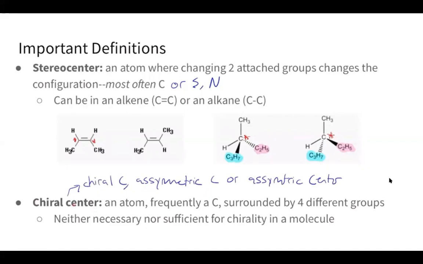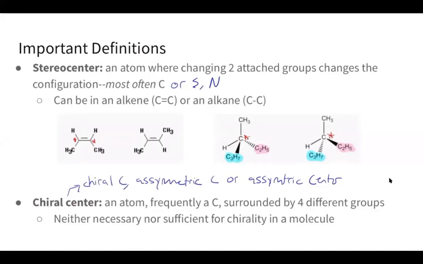All four of these are the same thing, except for, of course, the chiral carbon and the asymmetric carbon specifically refer to carbons, while just the broader term chiral center, asymmetric center, can be an atom, frequently a carbon, but again, could be like a sulfur or a nitrogen. And it's surrounded by four different groups.